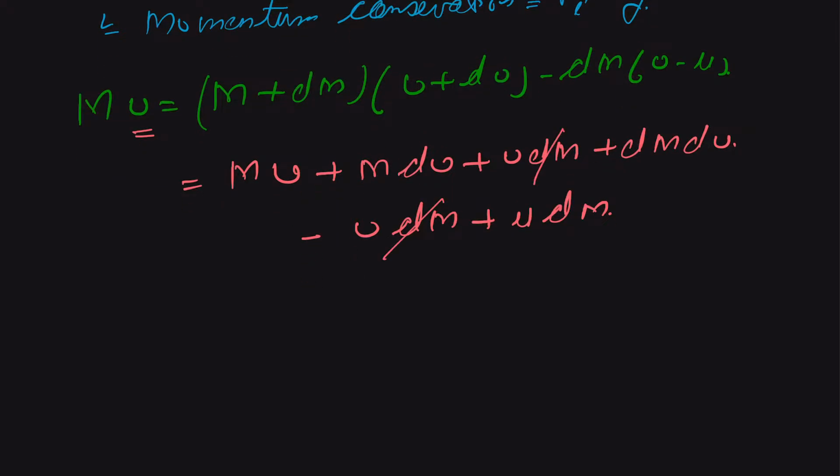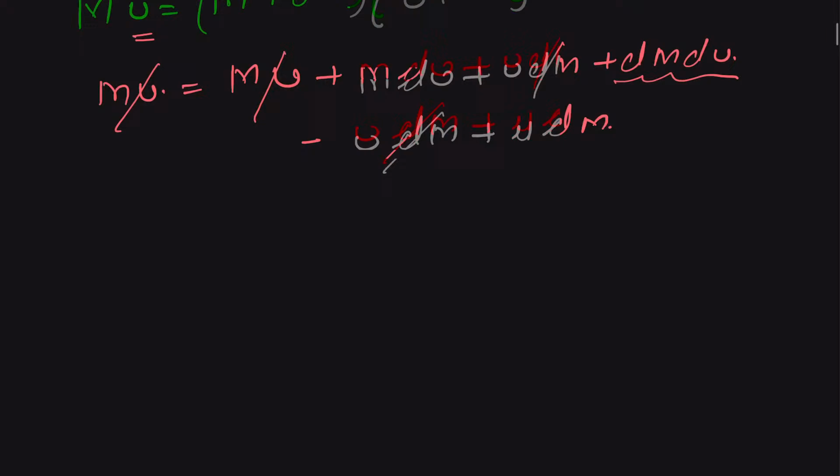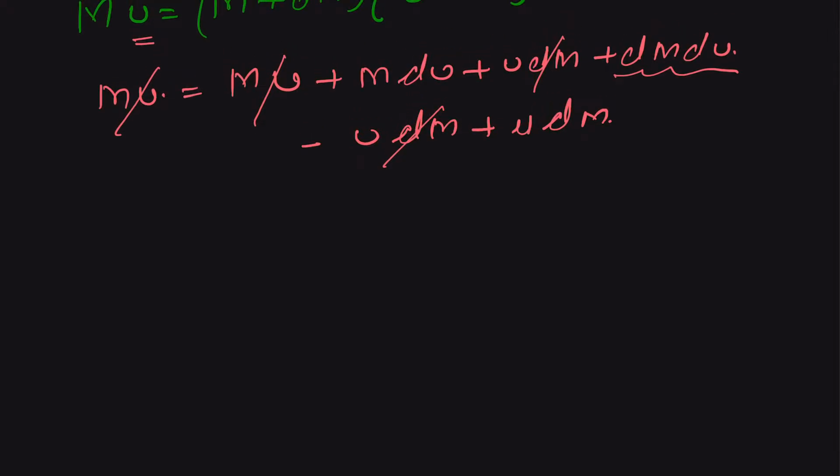And these two terms we can easily cancel out. Okay, and we can just ignore the dm dv part because this will be a product of two very small things. And on the left side we are left with our M v, and this M v and M v are also going to cancel out, so we will be left with only two terms, that is our M times dv plus u times dm is equal to 0.